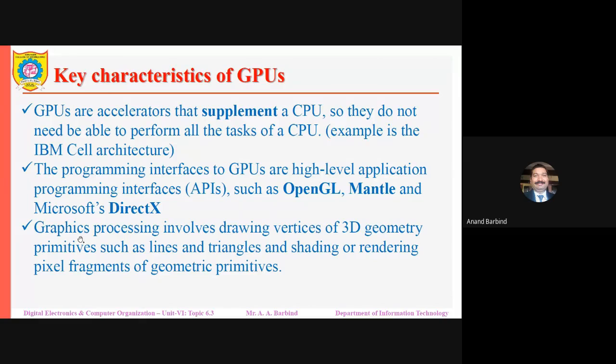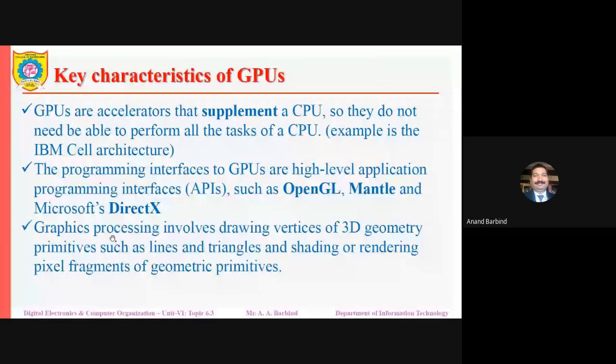Then graphics processing involves drawing vertices of 3D geometric primitives such as lines, triangles, or different polygons, then shading or rendering the pixel fragments of the geometric primitives. So the basic operation in the GPU is the drawing of graphics.